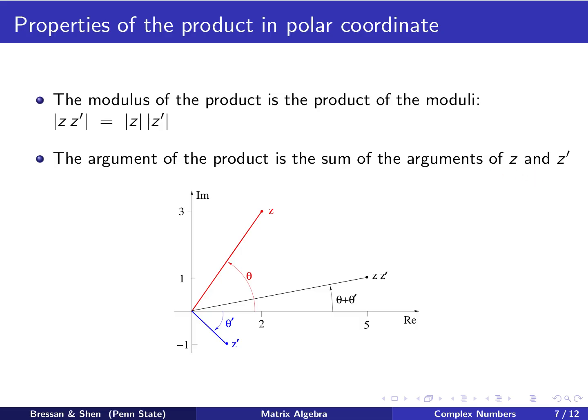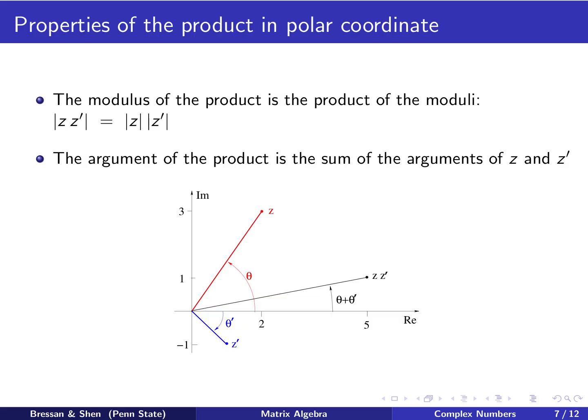Okay, so let's look at it in the picture. What does it mean? So let's say this is z, and it has a modulus, let's say, something bigger than 1, and then it has an angle theta going there. And then you have another number z prime, which is down here with a negative angle, and z prime is shorter.